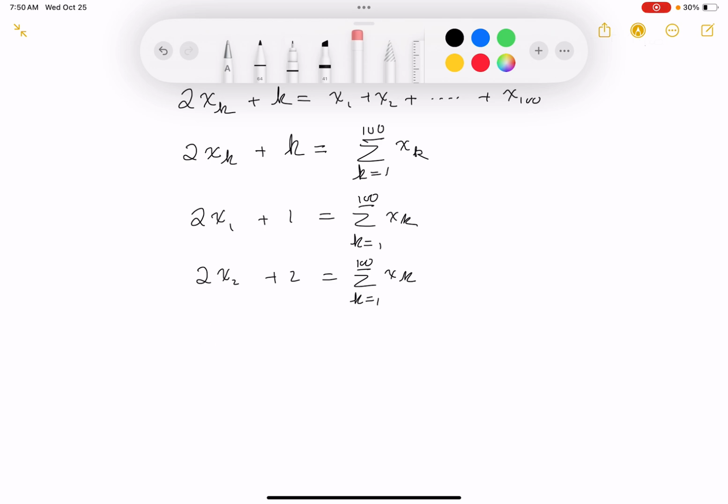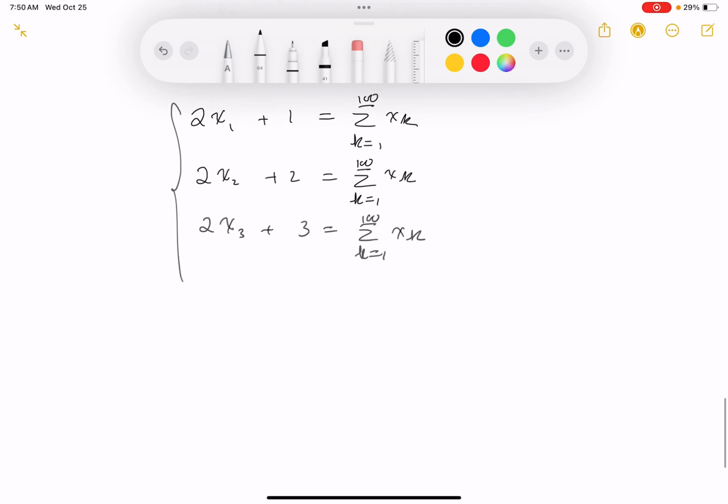Let's erase that. It's really not that bad to write down, by the way. And then I start to realize that if I kept writing it down and added them all together, I'd eventually get to the last one, 2x100 plus 100, equals the sum from k equals 1 to 100 of xk. At this point, you may be afraid what the question is.